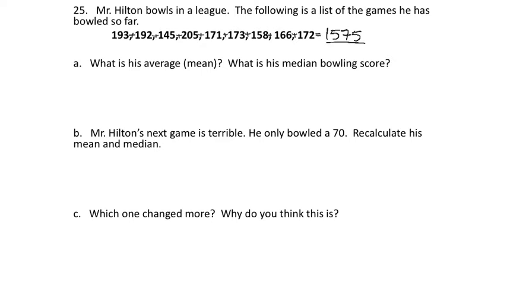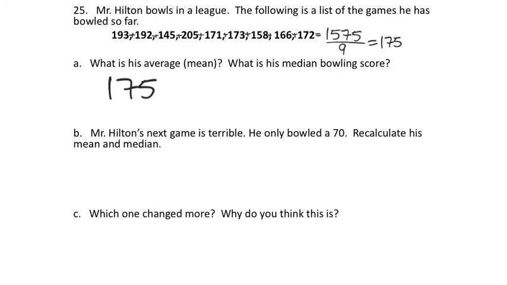Okay, so we checked on that one, and then we say, well, we're going to divide this by how many values there are. 1, 2, 3, 4, 5, 6, 7, 8, 9. I got 9 values there. I just double check that. Yeah, 9 values. Okay, so 1575 divided by 9, and we get exactly 175. It's a pretty good average. Well, for me it is. So his average is a solid 175 score on this.